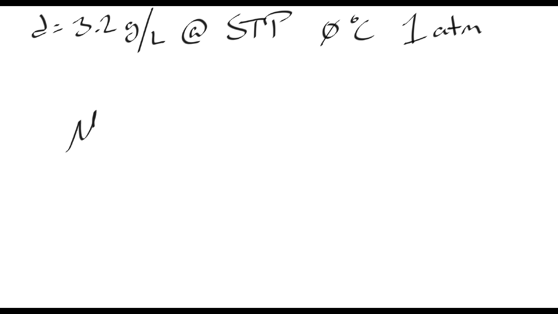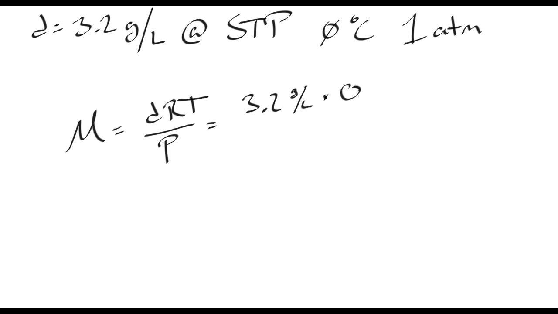Well, molar mass is equal to dRT over P is equal to 3.2 grams per liter times 0.08206 liter atmospheres per mole Kelvin times 273 Kelvin.